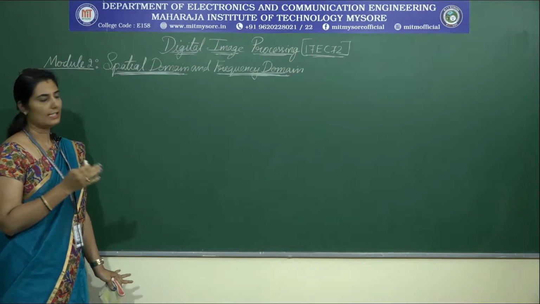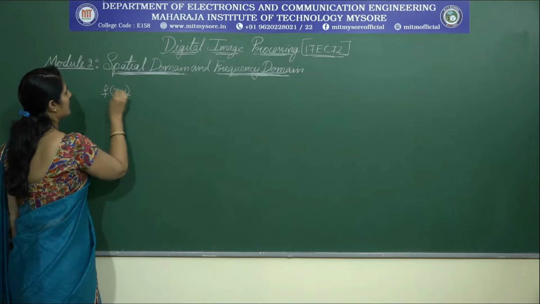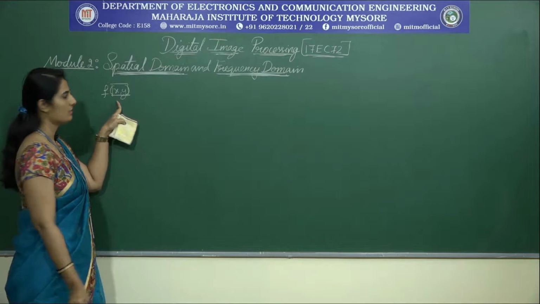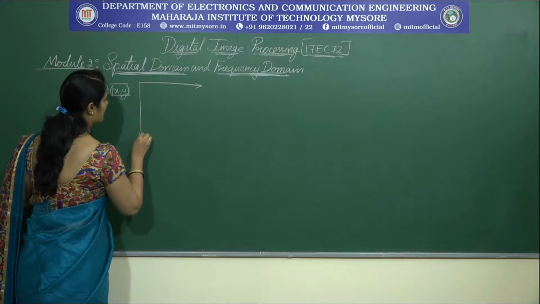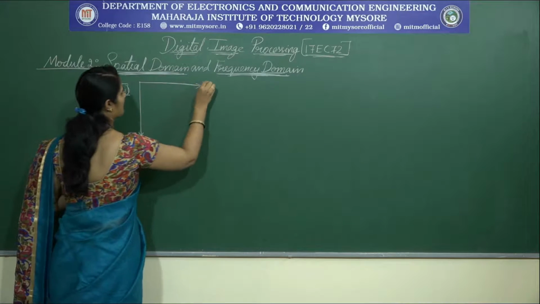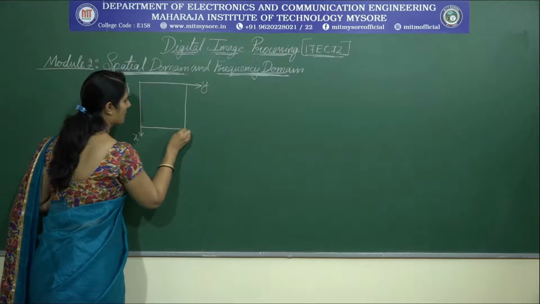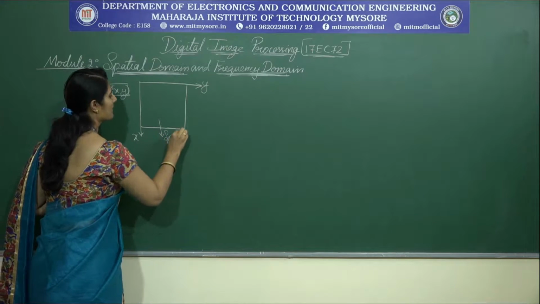That means whenever you represent an image f of x comma y, this x and y represents the spatial location. So this is how we represent an image where x represents the number of rows, y represents the number of columns. This is how an image is represented in spatial domain.